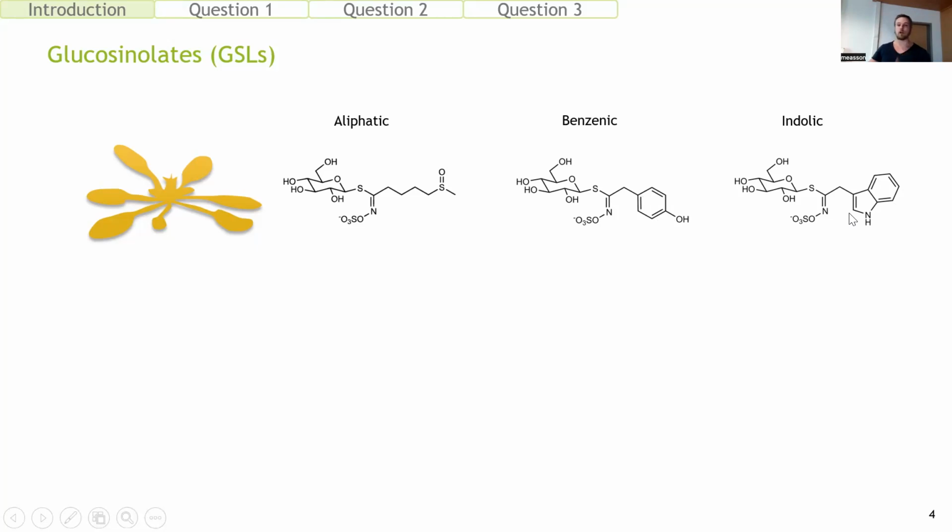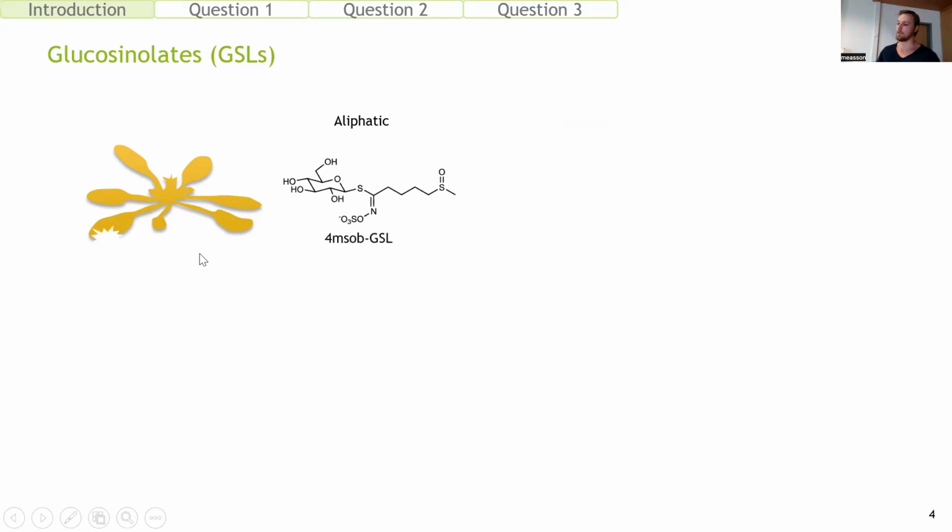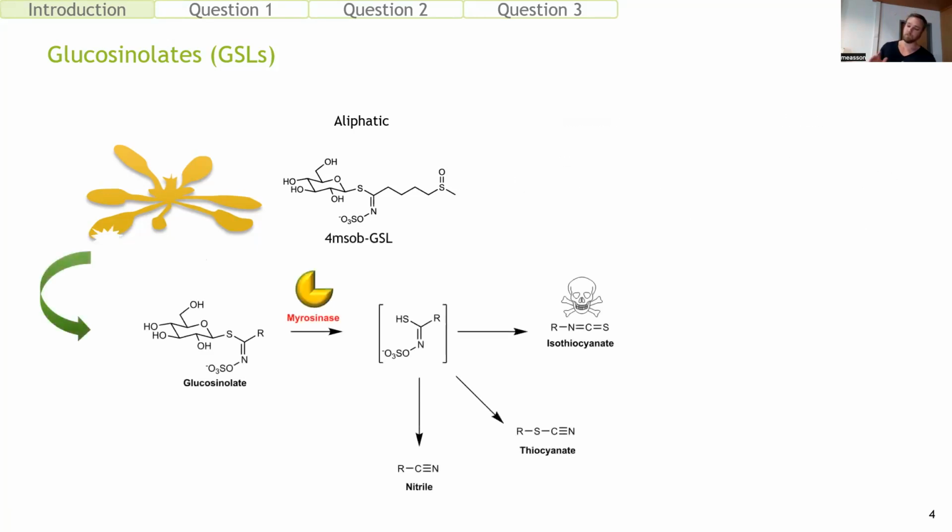The main compound I'm going to focus on today is the aliphatic glucosinolate, which is actually the main glucosinolate within Arabidopsis thaliana, which is 4-methylsulfinylbutyl glucosinolate. And in true two-component defense fashion, this compound is separated from its activating enzyme known as myrosinase.